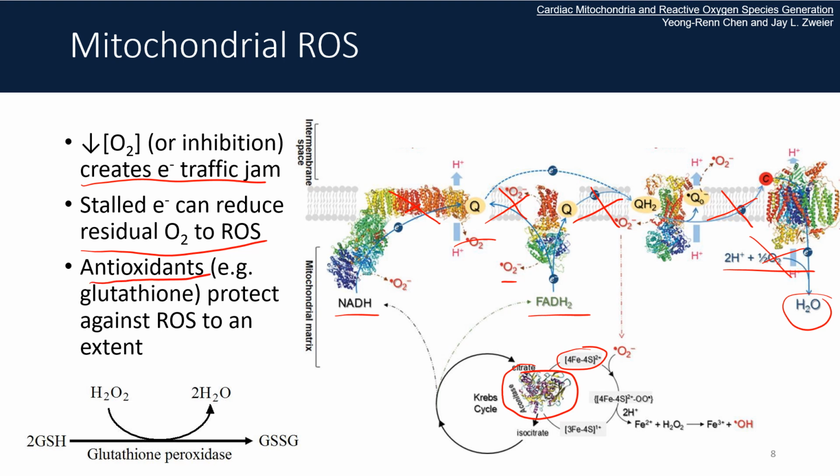Glutathione is a perhaps gentler way of dealing with maybe trace accumulation of radicals. It's a sulfur-containing compound, and what it's going to do is directly intercept and neutralize reactive oxygen species like hydrogen peroxide, and it's going to oxidize the glutathione into a glutathione dimer through the activity of glutathione peroxidase, and it's going to essentially convert the ROS into harmless water.